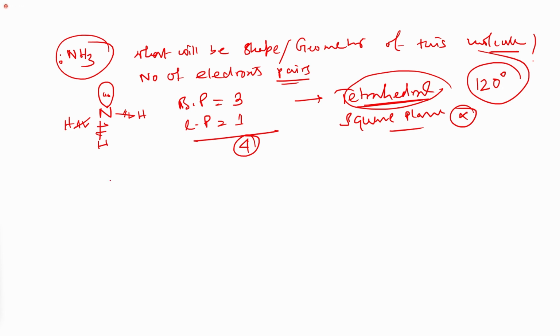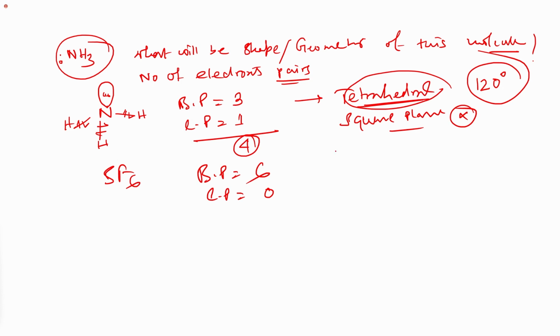Let us consider the SF6. We know that in SF6, with this sulfur there are 6 fluorines bonded. So bonded electron pairs will be 6. Is there another lone pair? No. Now how do you know that there is no lone pair?